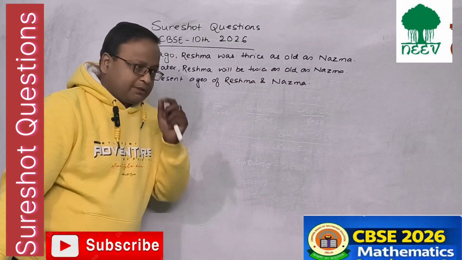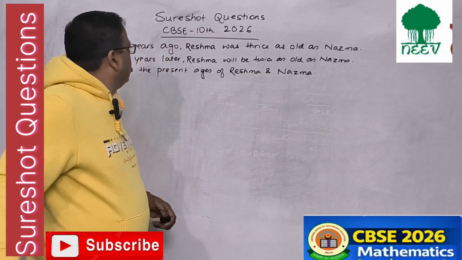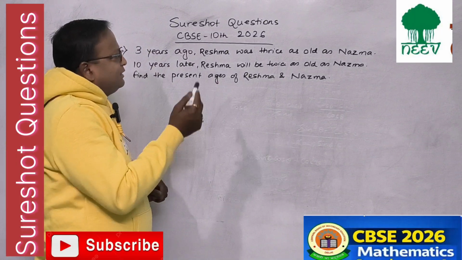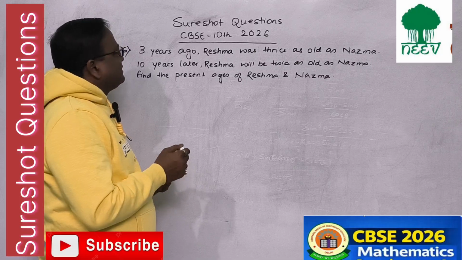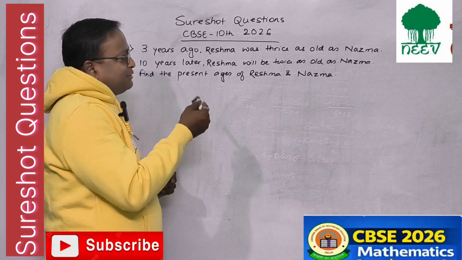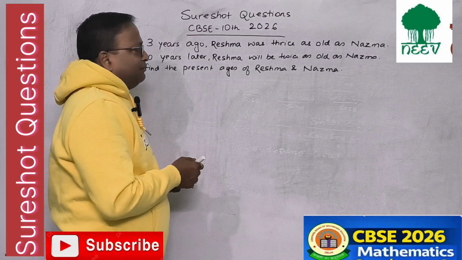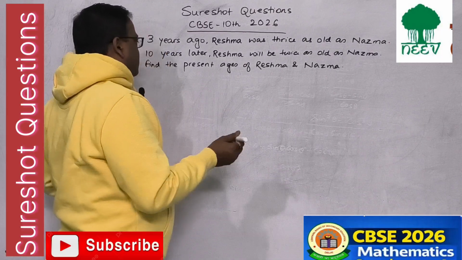So here is question number 6 for us. 3 years ago, Resma was thrice as old as Nazma. 10 years later, Resma will be twice as old as Nazma. Find the present ages of Resma and Nazma. What will we take as?